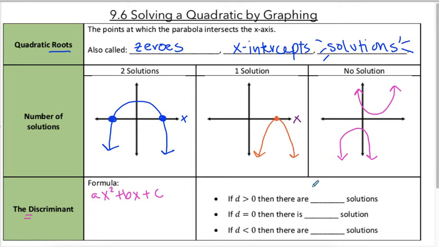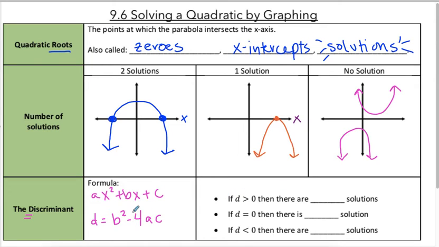And the discriminant helps me know if there are 2, 1, or no solutions. So the way that we find the discriminant, d, is we take b squared minus 4ac.